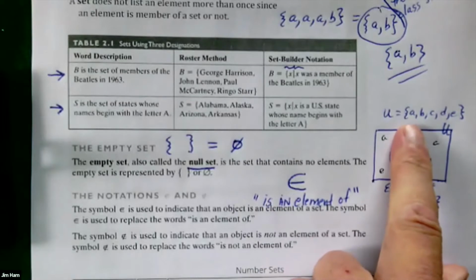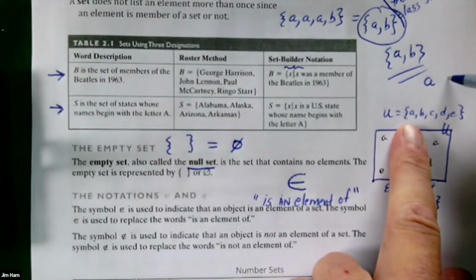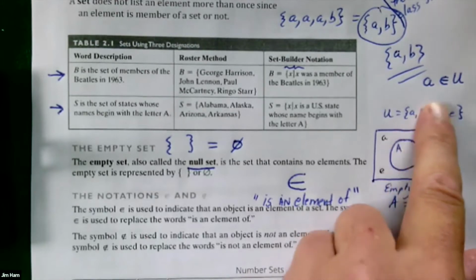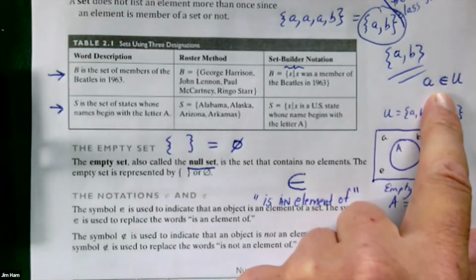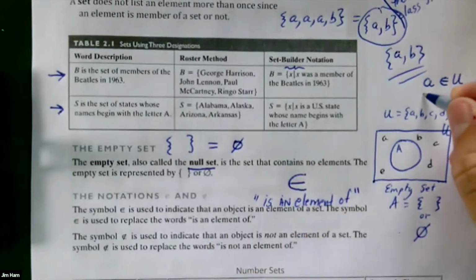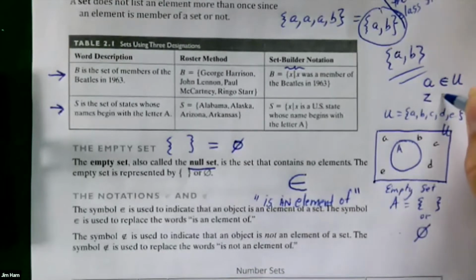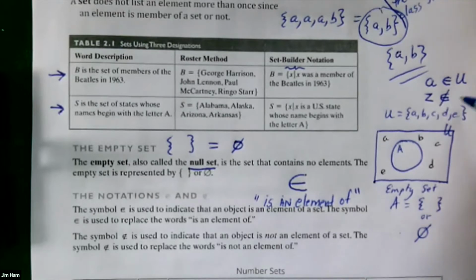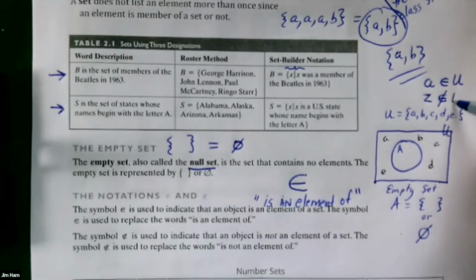So if I use this example right here, I could say A is an element of the set U, the universal set. And I would write it in symbols. I think the hardest part about this whole section is just understanding the symbols, what they mean, and the differences between them. And we would say something like this: the letter Z, if you put a line through that E, it means "is not an element of."